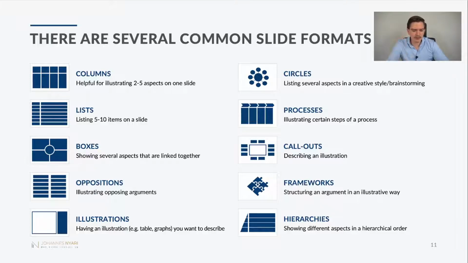The next one is that you use an illustration that shows oppositions. So this is typically where you have on the left side some points, on the right side some points. And I would use that if I want to show some arguments that stand against each other. So for example, let's say that you questioned people, and maybe you went into the organization and did some interviews about the situation of the company.